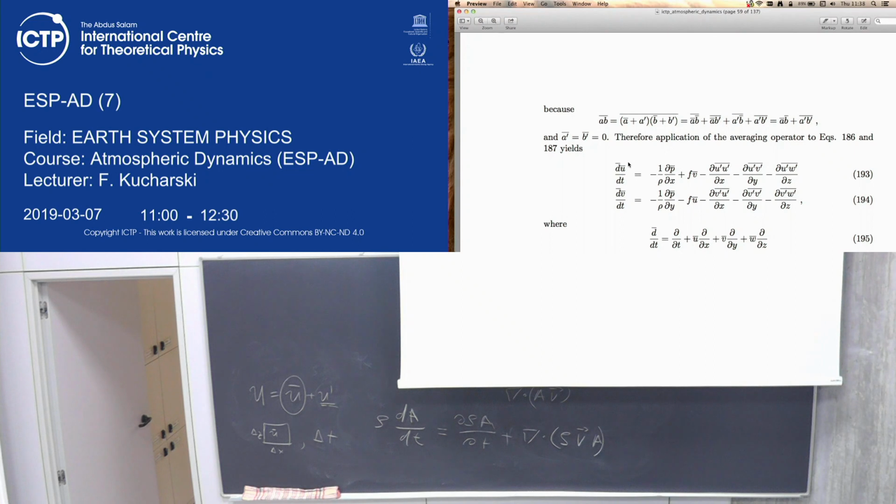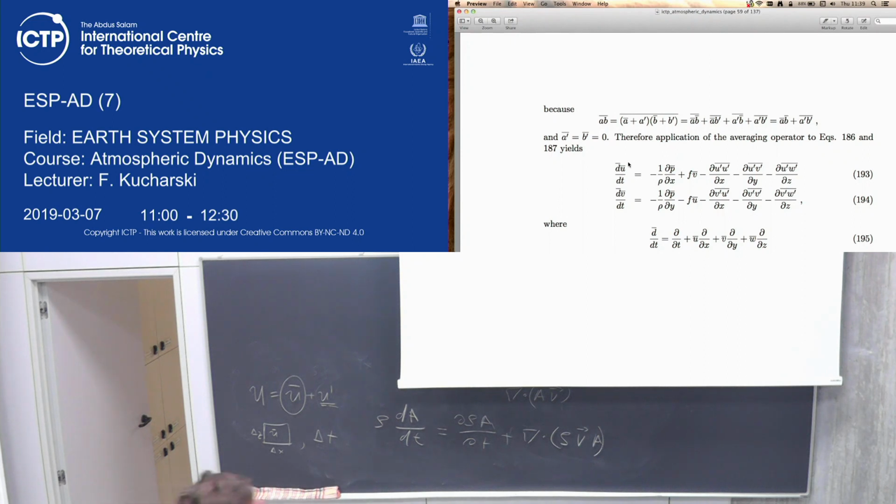If we apply this now to our momentum equation, the only nonlinear term here, remember the density in this calculation we keep as a constant, otherwise there would be a nonlinear term here, which in the Boussinesq approximation for the vertical velocity is actually treated and relevant, but here we don't consider this. We get these additional terms: d by dx of u primed u primed, d by dy of u primed v primed, and d by dz of u primed w primed.